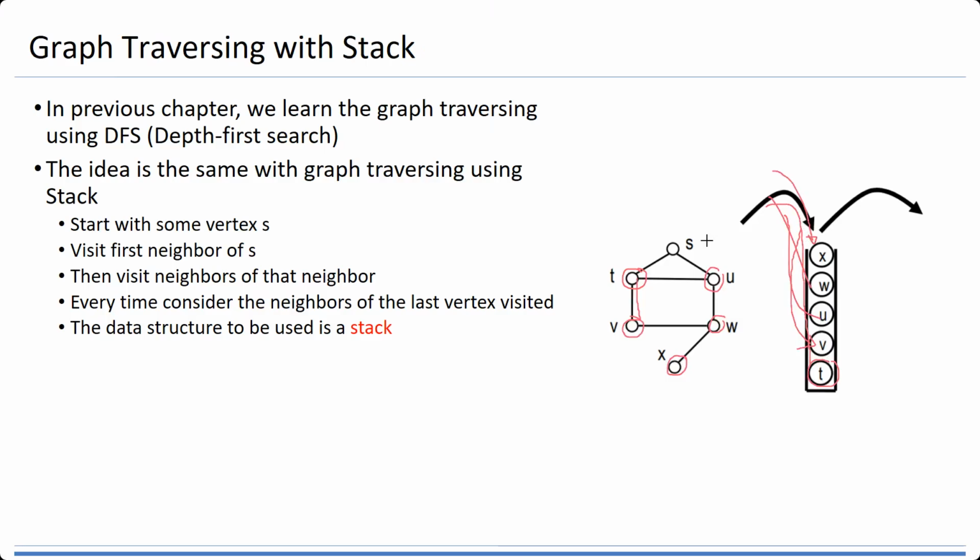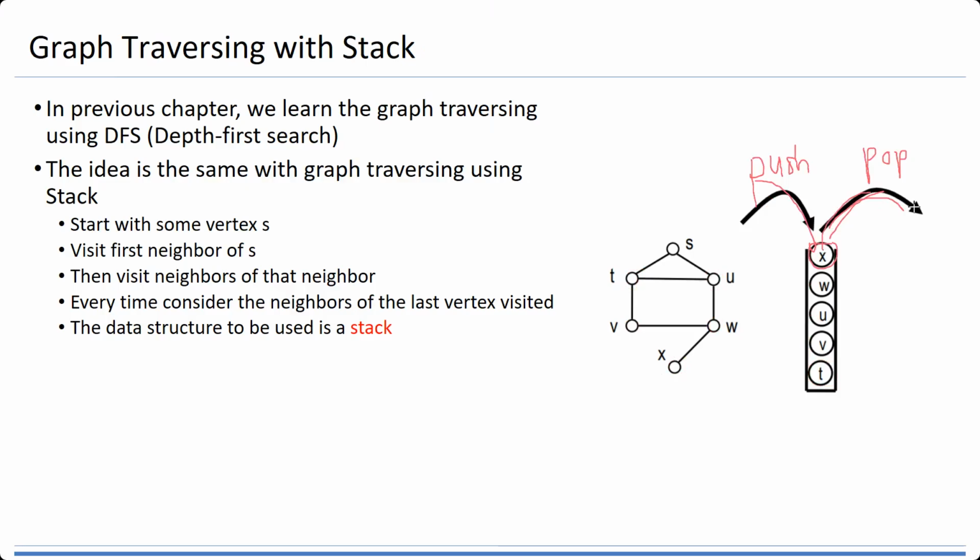In order to find the path, or in order to find the spanning tree, then you can push and pop. Okay, so this is push. It means you want to push the data into the stack, and then you can pop. If you pop means you remove the data, or you remove the item from the stack.